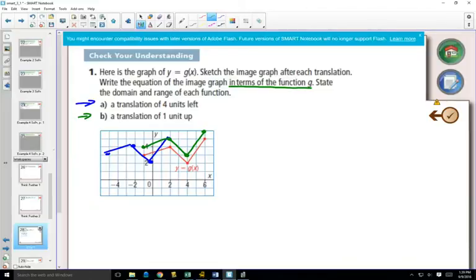And this is an important thing to realize, that when we do questions in class, sometimes you're going to tune out to the instructions because you're going to go, I'm just going to wait for the teacher to show me how to do it so I know what it looks like. And for the most part, that works fine until you get to a quiz or a test and you get a question that says, write the equation of the image graph in terms of the function g.